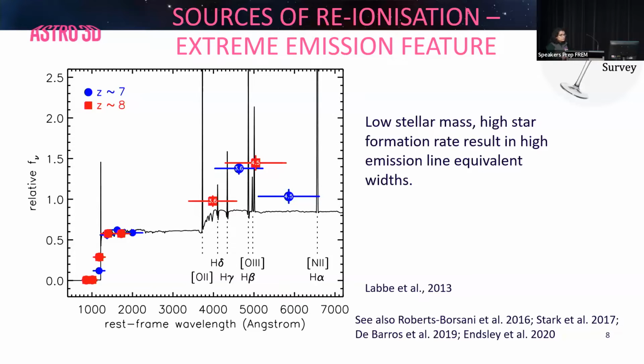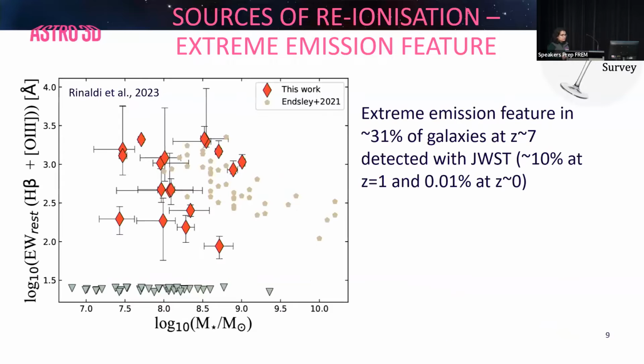And this has been confirmed over the past year or so with JWST. A lot of galaxies at redshift greater than 6 have really high [OIII] equivalent width. For example, 30% of galaxies at redshift 7 have this extreme emission feature, which is rare at lower redshift. At redshift 0, it's less than 1%. And then at intermediate redshift, it's about 10% of the galaxies.